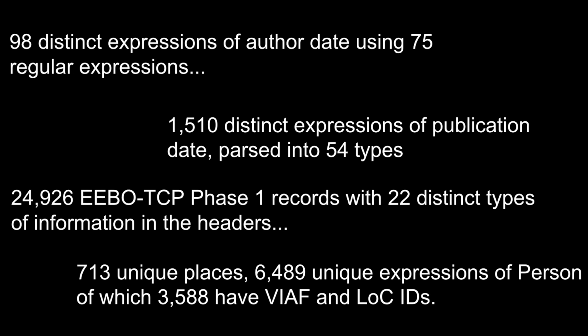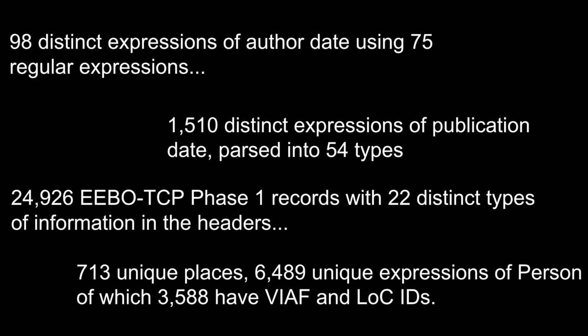This is a time when metadata standards have not exactly been standardized. And what we found was a staggering diversity of expression even within a single category of data. We have almost 100 distinct expressions of author date alone, again in a collection of just 25,000 records.